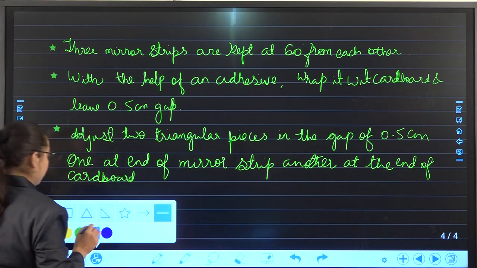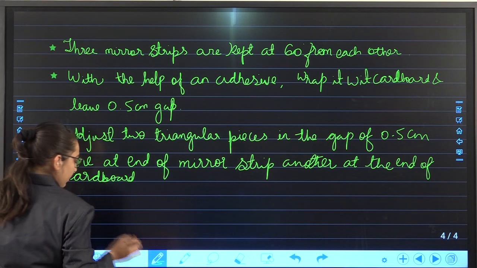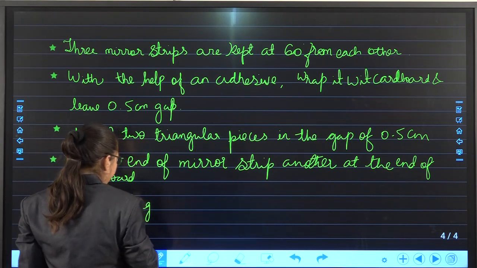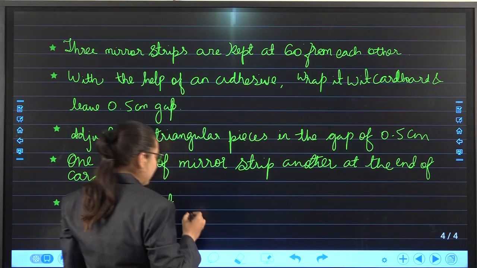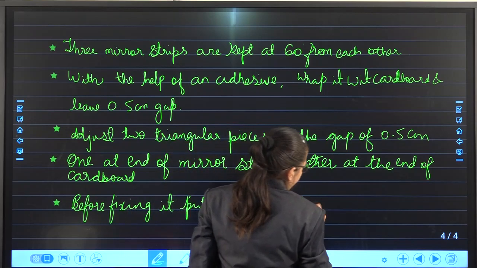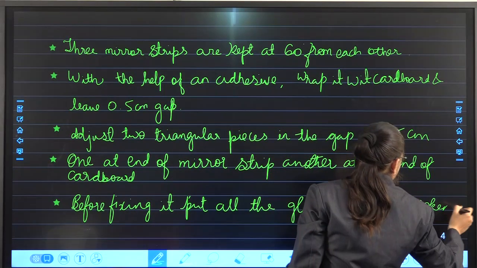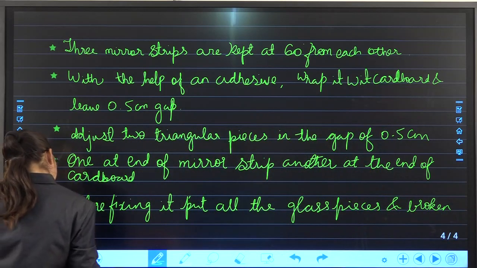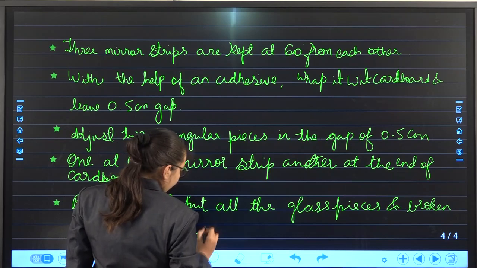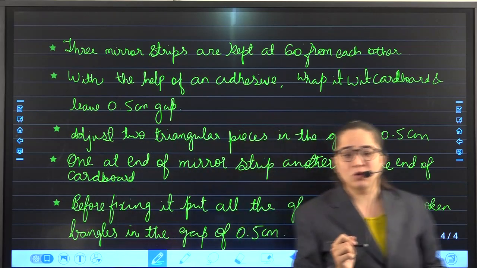Before fixing it, put all the glass pieces and broken bangles in the gap of 0.5 centimeter. What will you observe?